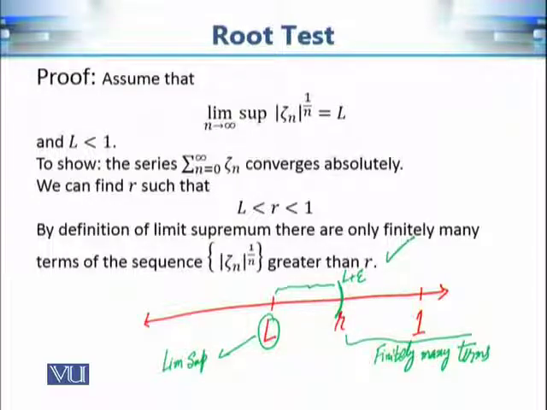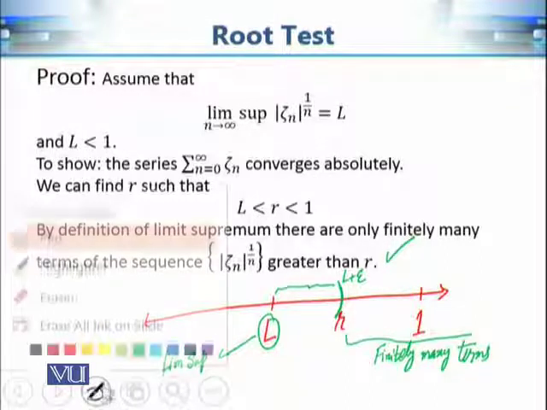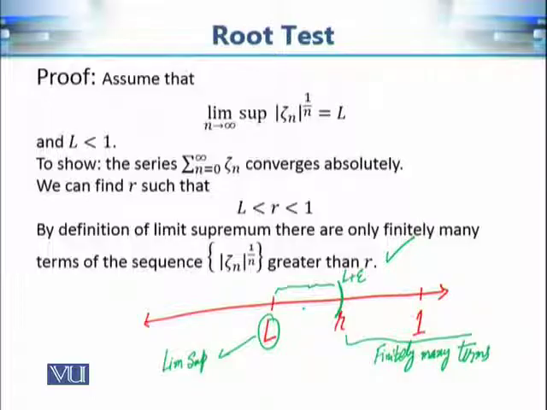So by definition of the lim sup, there are only finitely many terms over here, or in other words we can say that there are infinitely many terms over here. And when we say infinite terms, in other words we can say that after some integer, all of the terms are going to lie in this interval.